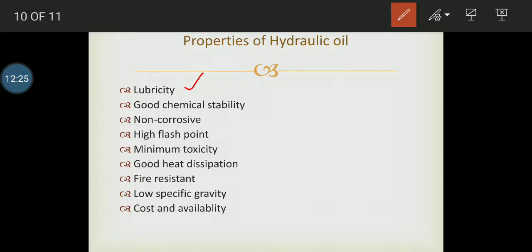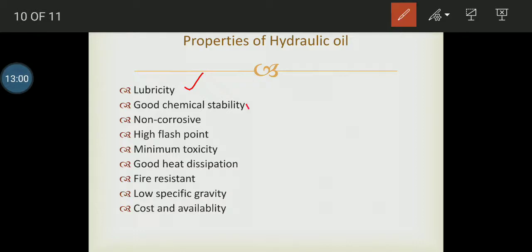Viscosity is very important, because if the viscosity is very high, the hydraulic oil won't be able to flow very easily, which minimizes the transfer of pressure energy from one part to the other part, where we transform the pressure energy into mechanical energy or work energy. So it is very important to have a low viscosity, with good flowability.